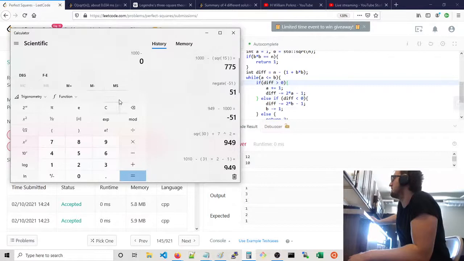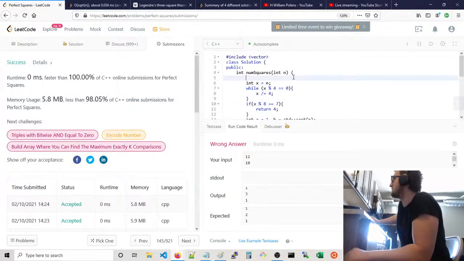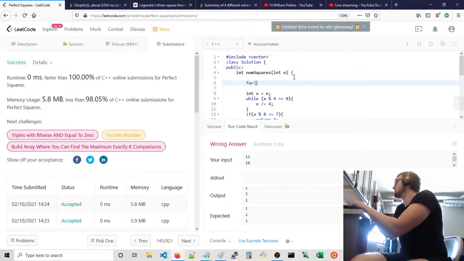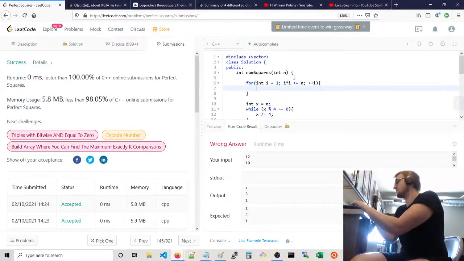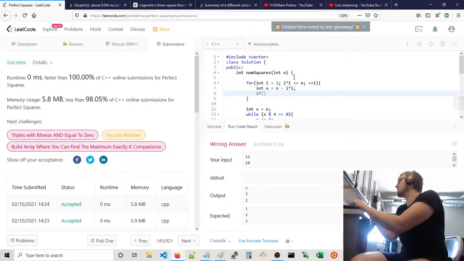Could write a small loop right now, but let's do that actually. Make these integers.